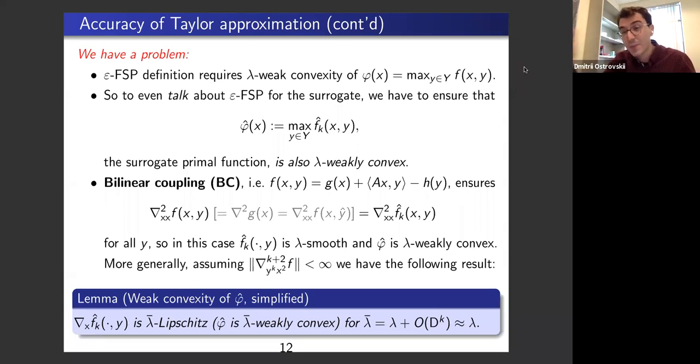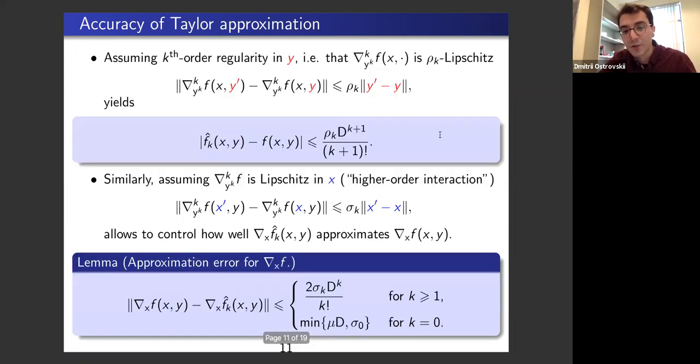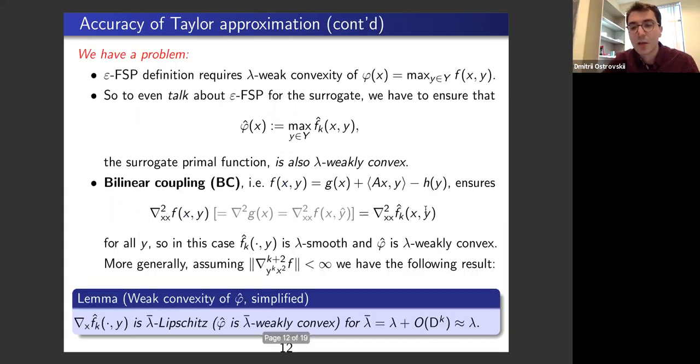So you would expect it to be almost as weakly convex as the initial function. A priori, this is something to be proved, because strictly speaking nobody guaranteed that your Taylor approximations will be smooth in X, but actually they will under these assumptions. Moreover, the additional margin of how smooth they are will be very small compared to the initial one.